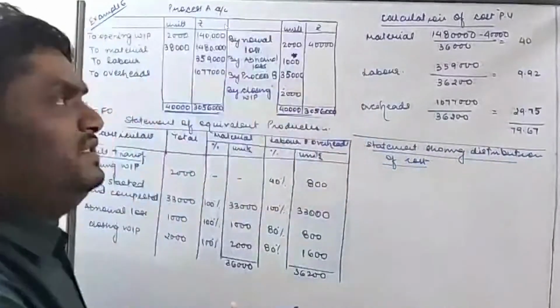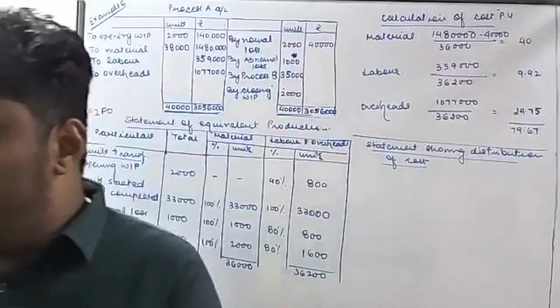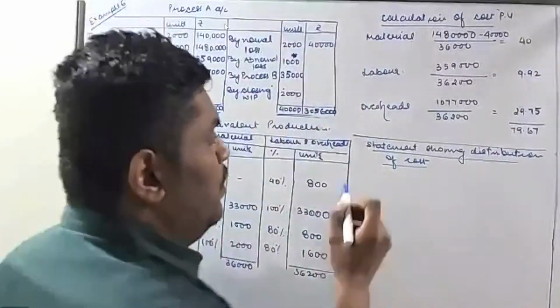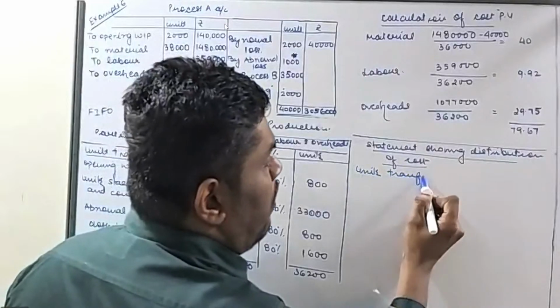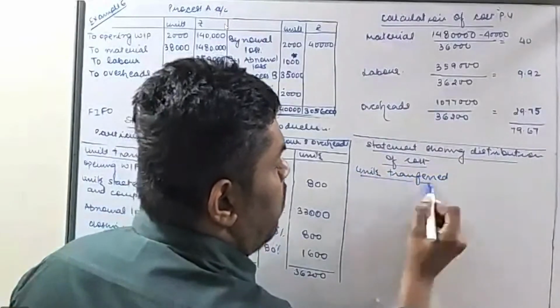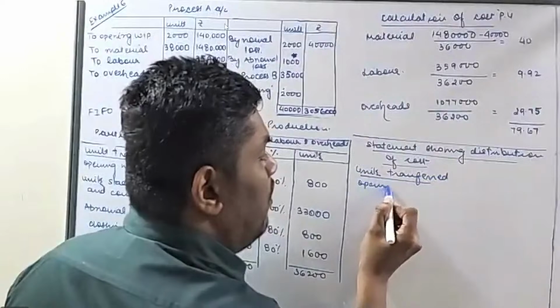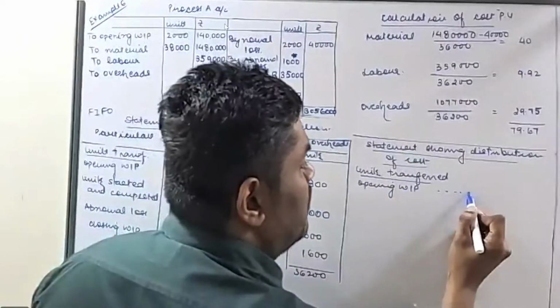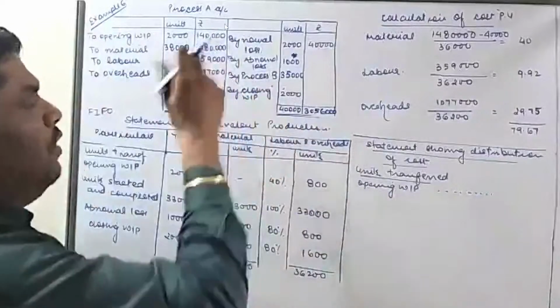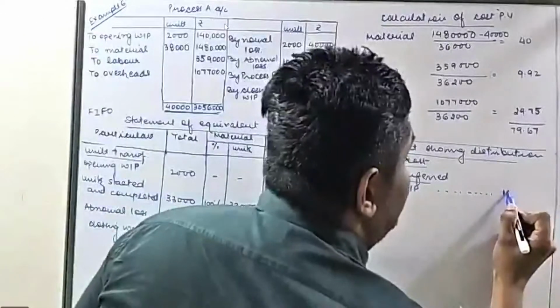So let's prepare the statement showing distribution of cost. When talking about units transferred, see, opening work in progress. The cost of the previous year is 1,40,000.